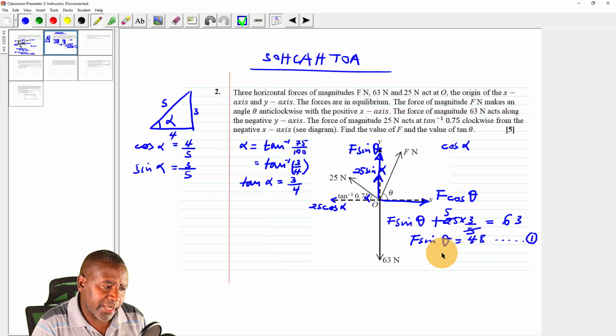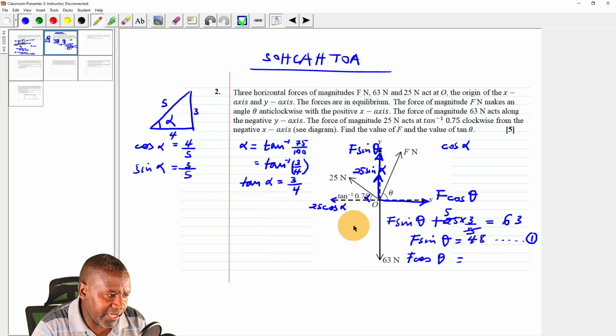Let me see whether I can get F cos theta. I'm going to equate forces to the right, which says that F cos theta is equal to forces to the left, which is 25 cos alpha.